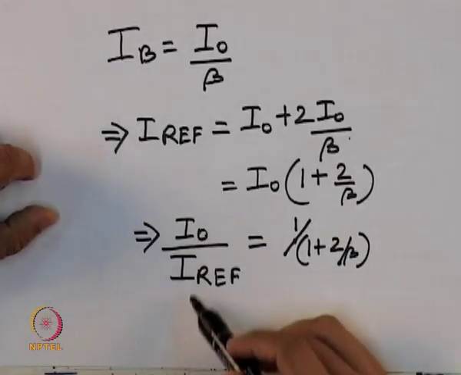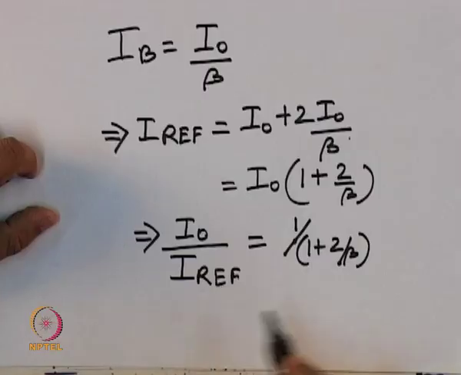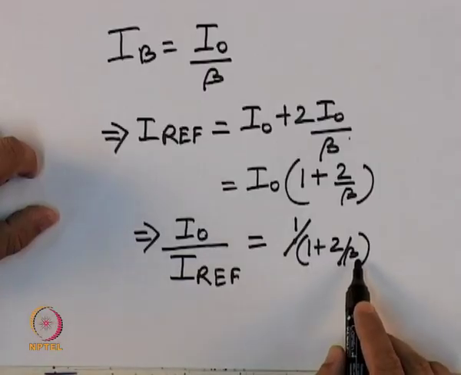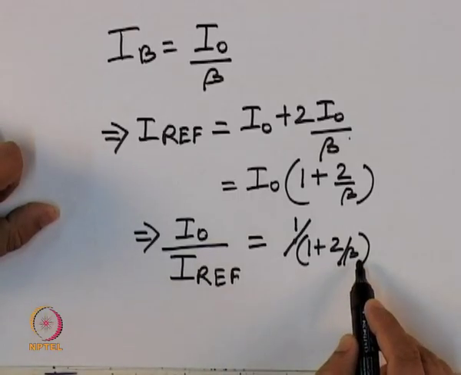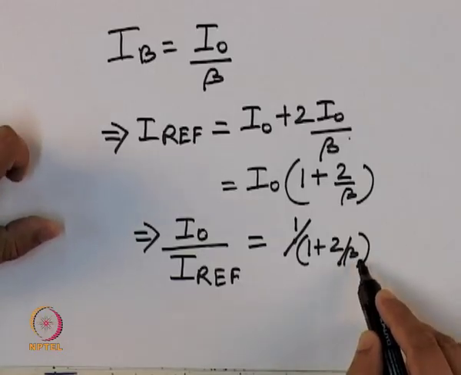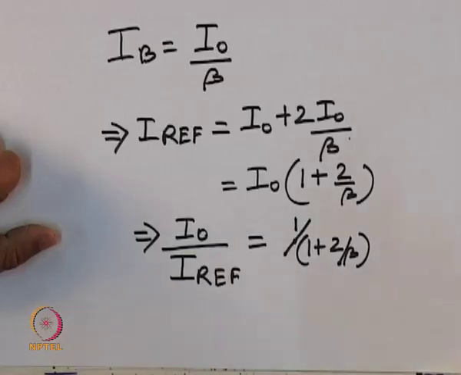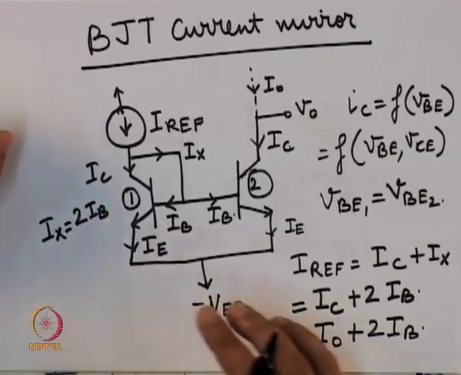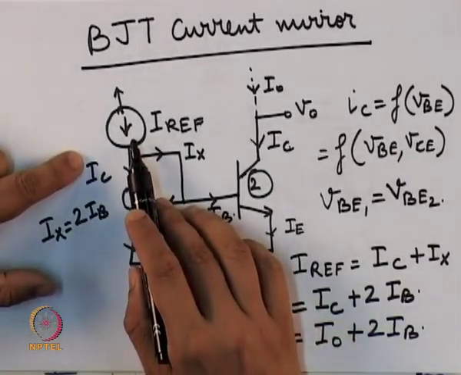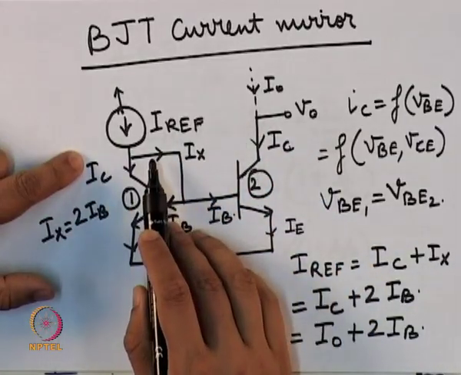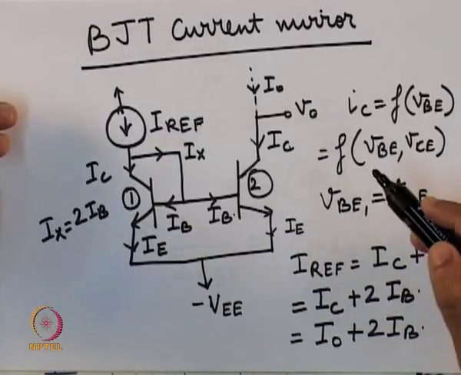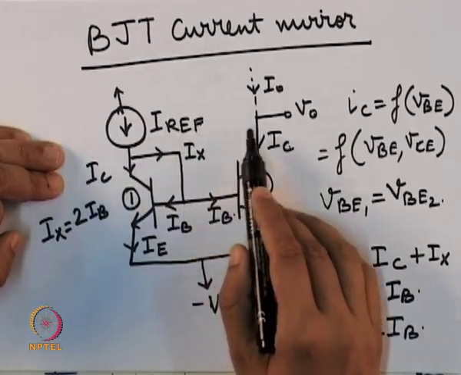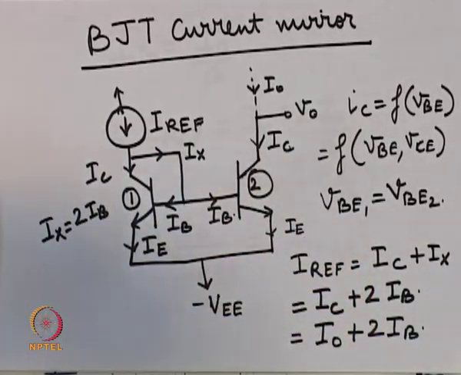As we can see, I0 and Iref are not totally the same. If beta is quite high, then I0 will be equal to Iref. But as long as beta is not very high, there will be a small difference between I0 and Iref, and that is one problem with this kind of current mirror. True, Iref and I0 match each other very closely since beta is usually quite high, but we have some other designs where this closeness of Iref and I0 is even better.